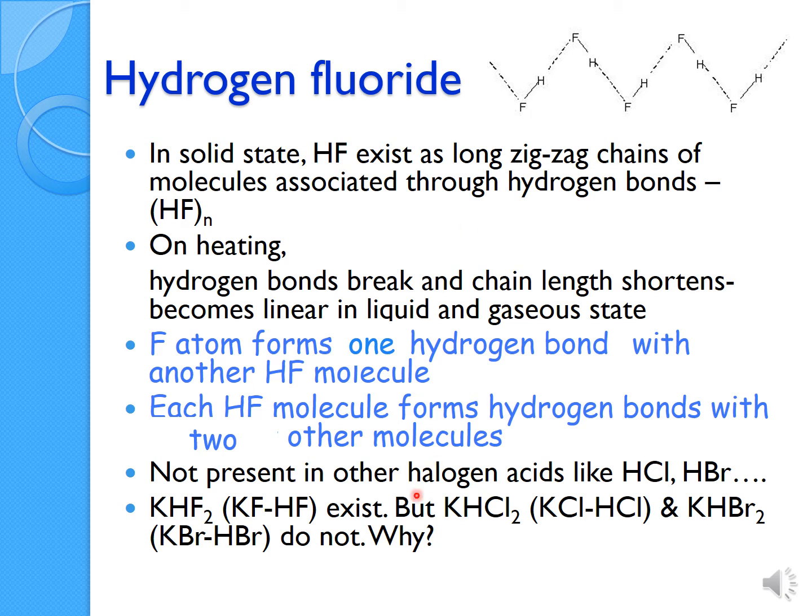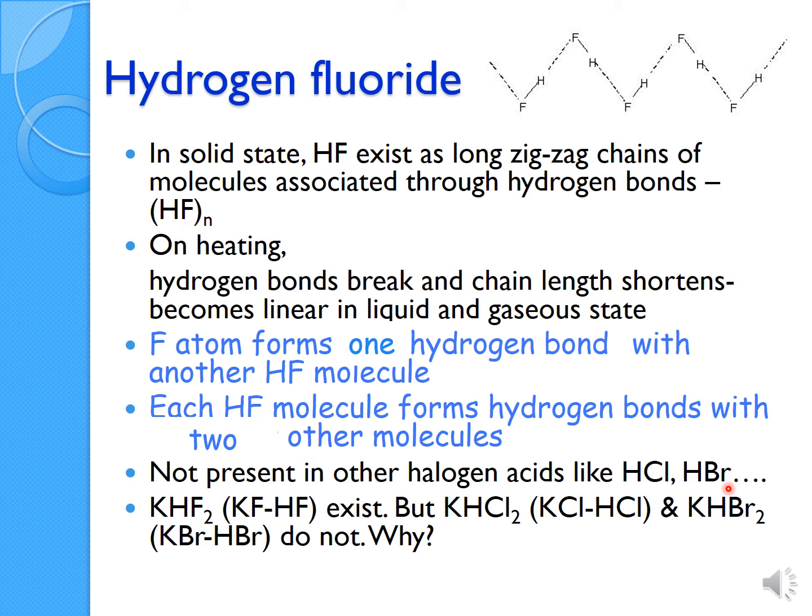Now this kind of association is not present in other halogen acids. We have considered hydrogen fluoride. If you consider other halogen acids, that is hydrogen chloride, hydrogen bromide, hydrogen iodide, etc., you cannot see this kind of association. Why? Because chlorine, bromine, iodine, etc. cannot form hydrogen bonds.